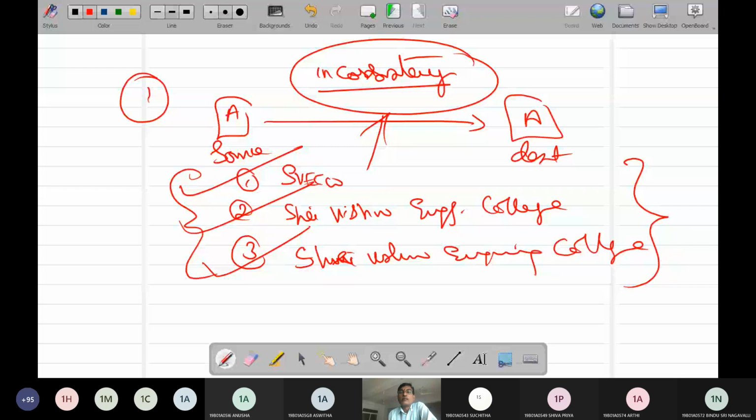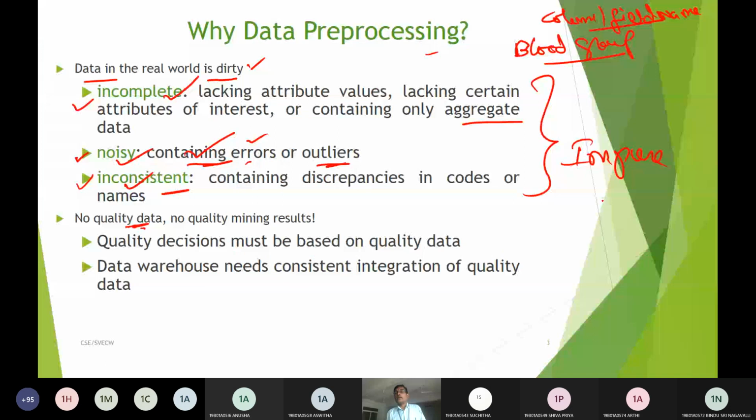So if the real world data has inconsistency, if the real world data is going to have some noisy data or inconsistent data, obviously the data is impure. If there is impure data, now you need to pre-process the data, and then we can make the data pure.